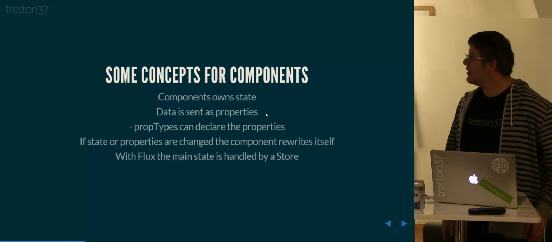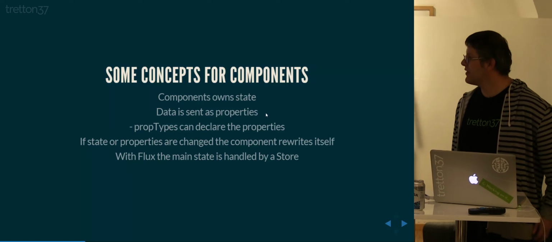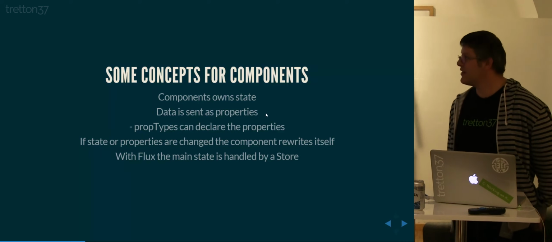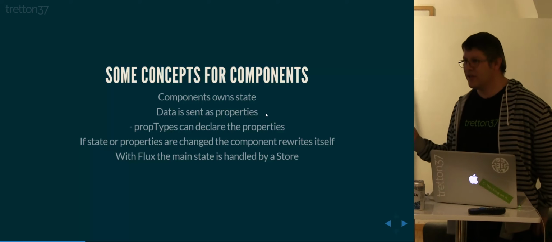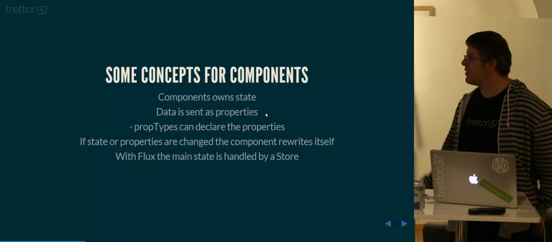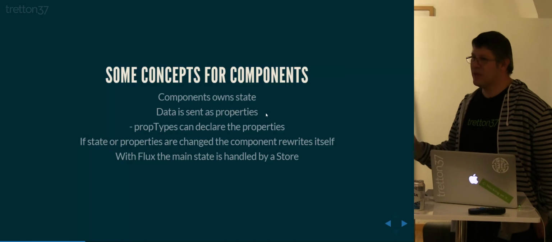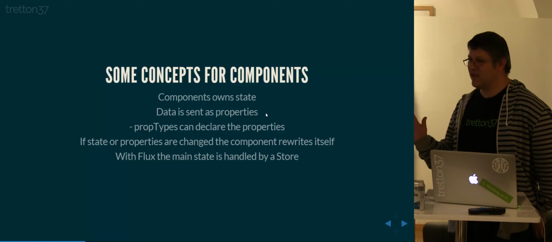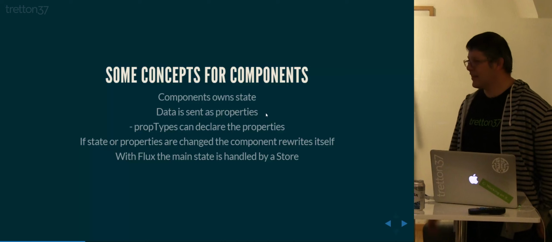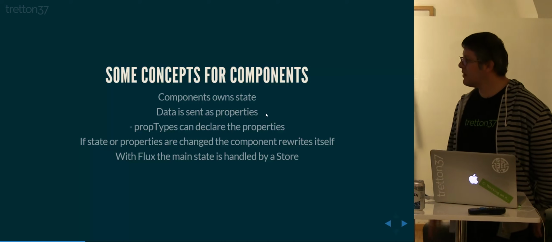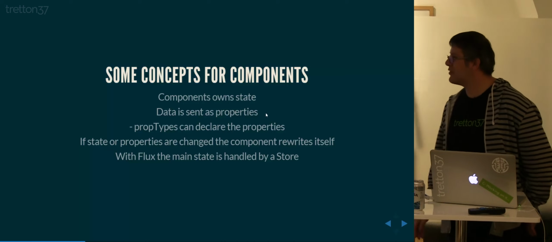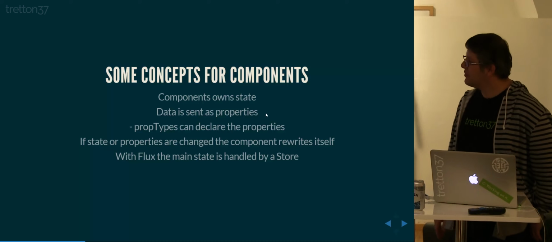And a little bit more about some concepts for components. They own state. You have to create an application, and you usually want some state and some information to be known and be kept as long as the user is working with it. And the component holds this state, at least here in the beginning. We get into some more advanced things later.